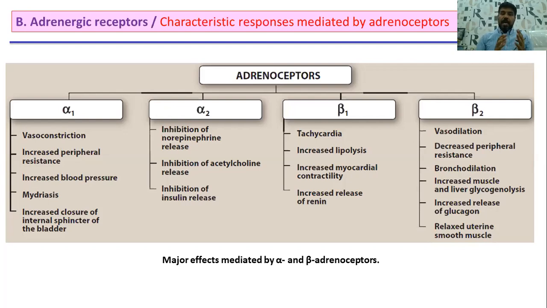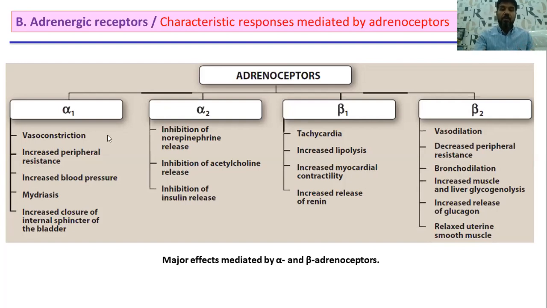So again, I can expect the pharmacological activity, the therapeutic activity, the side effect, and also the drug-drug interaction by knowing the mechanism or the function of each receptor.